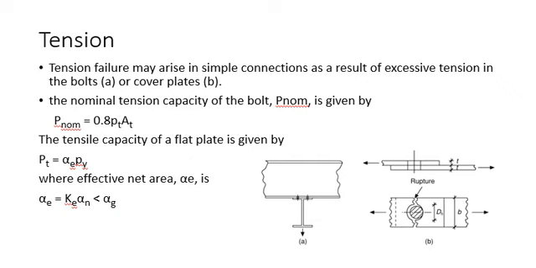So we can also have our connected parts resisting tensile load. For example, where we have this typical connection, you have this section below being pulled, and you have this section at the top.